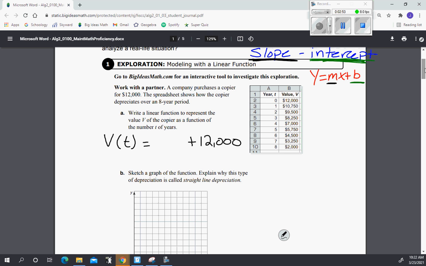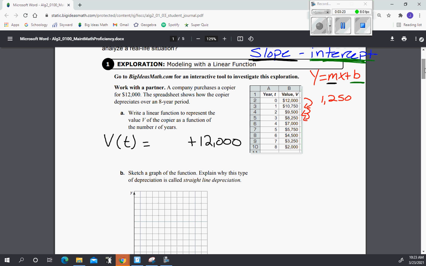Okay. Now, look over at our chart. Each year, how much does it go down? Well, from year 0 to year 1, it looks like it goes from 12,000 to 10,750. That is, quick math, $1,250. Right?